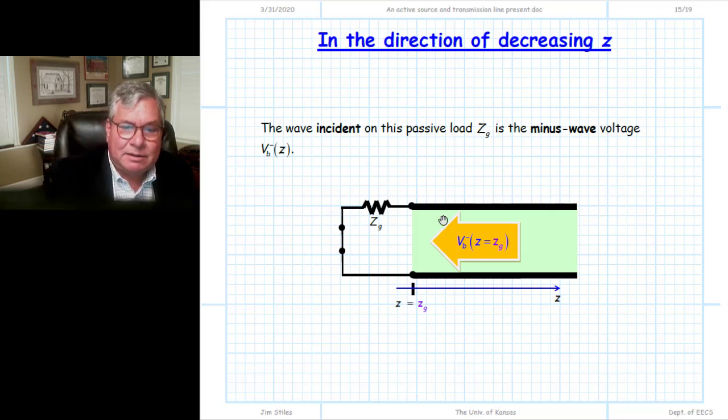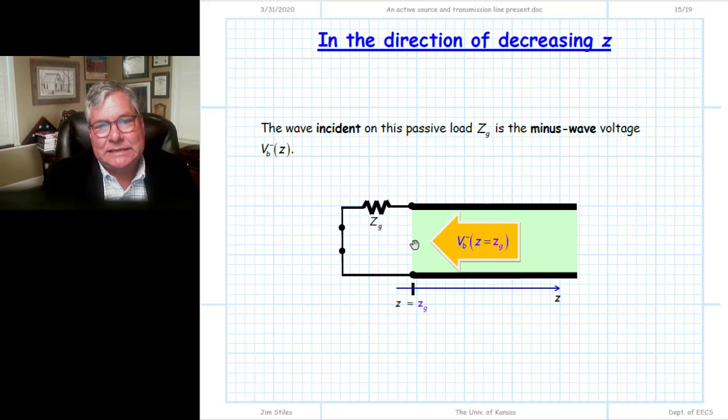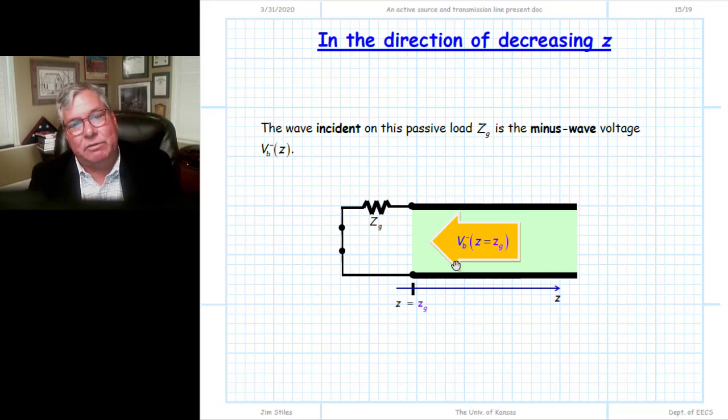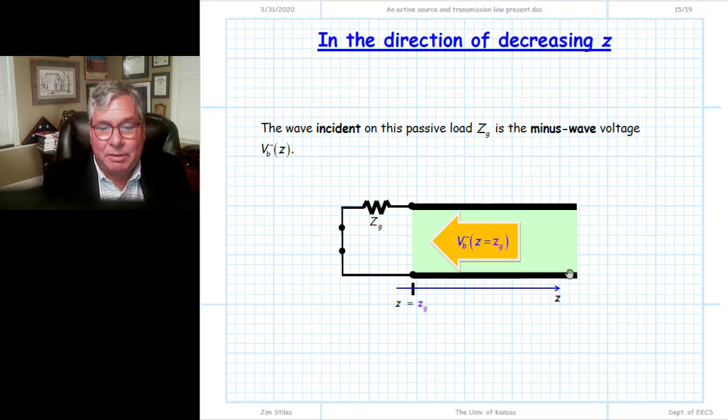So we have a terminated transmission line, a transmission line that is terminated in a passive load, and we have a wave that is now incident on that load, a wave that's propagating down to that passive load. But the key thing here to bear in mind is the wave that's propagating toward this load, the wave that's propagating in this direction from right to left, is the minus wave. It is a wave that's propagating in the direction of decreasing z, and by definition, any wave that propagates in the direction of decreasing z is the minus wave, and alternatively, in the direction of increasing z, we would call that the plus wave.